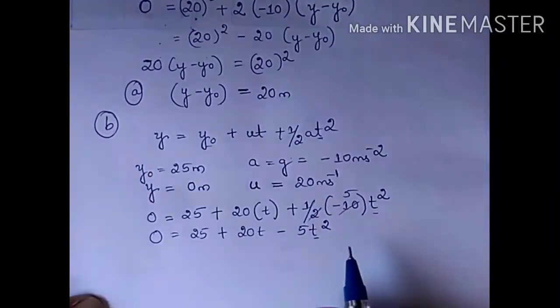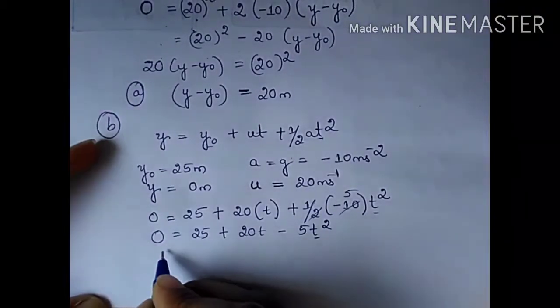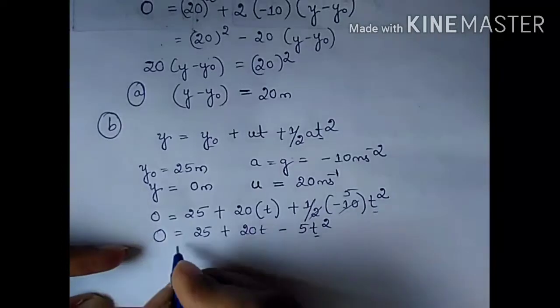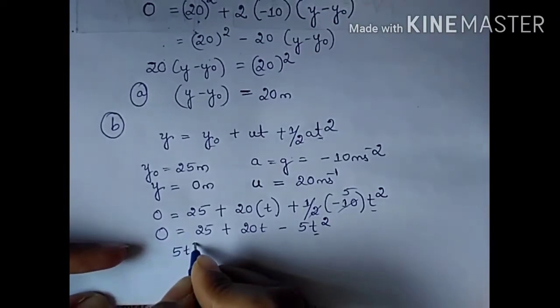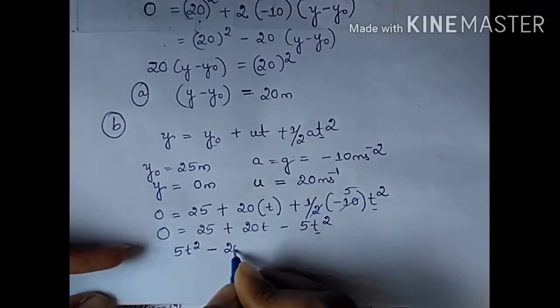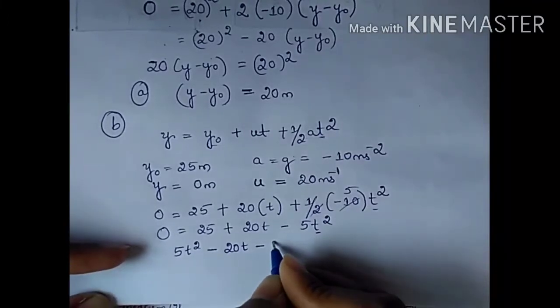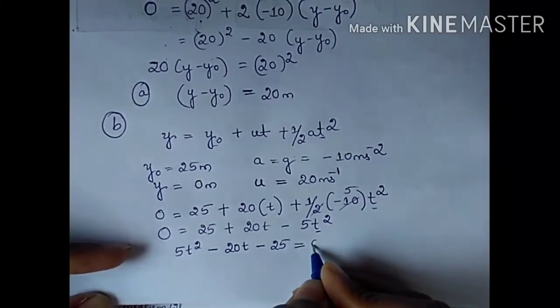Sending this term to the other side, 5t square minus 20t minus 25 equals 0.